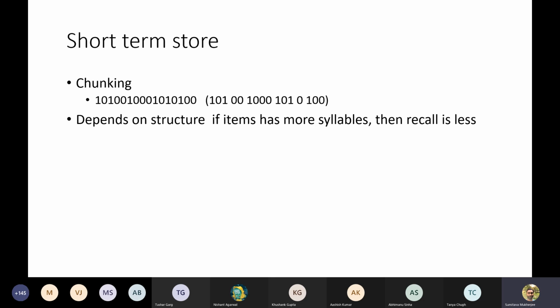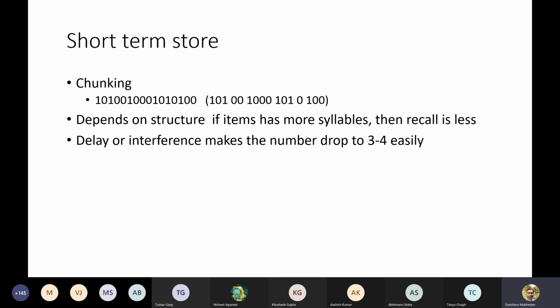Obviously, it depends on what you are being fed. So sometimes it's easier to make up structure, sometimes it's more difficult. And here again, if you have any delay, then the number drops to 4. So 4 is a very good number that you can think about. Interestingly, more follow-up studies were done.